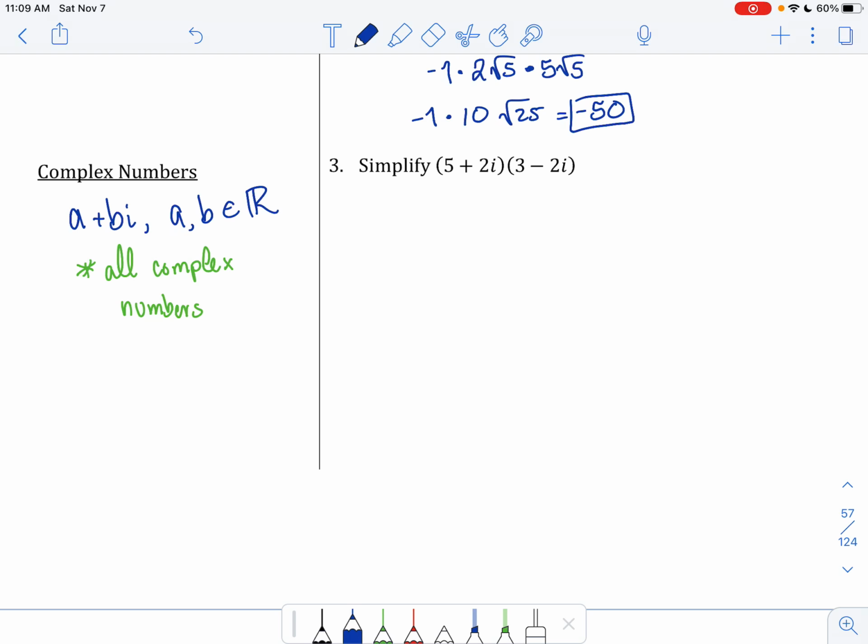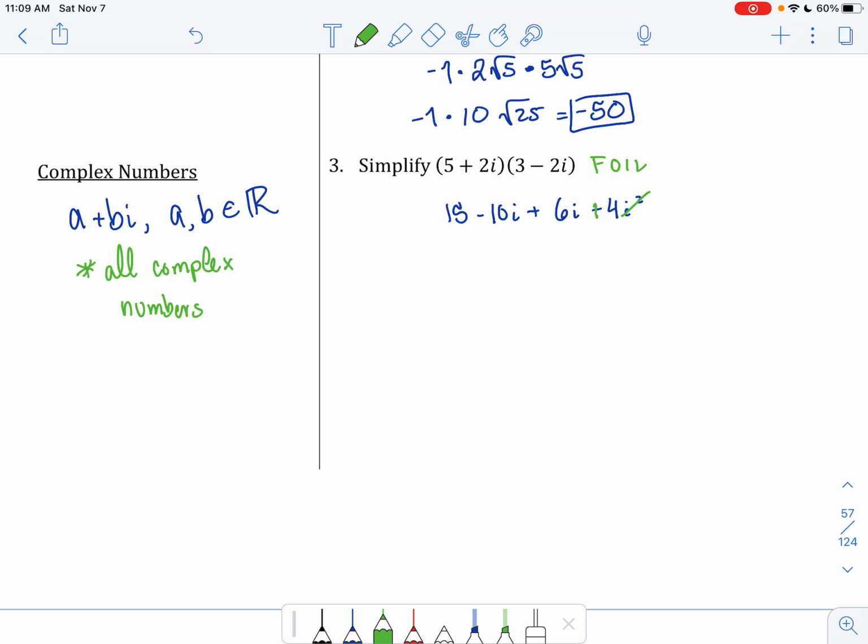So here, simplifying, when we're multiplying two complex numbers together like this, I will always recommend that you use FOIL as your method. So here we can FOIL it out and we end up with 15 minus 10i plus 6i, then minus 4i squared. And what you'll want to do first, just like we saw above, is the i squared, turn that into a -1.